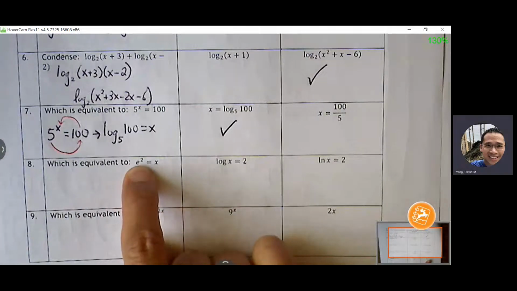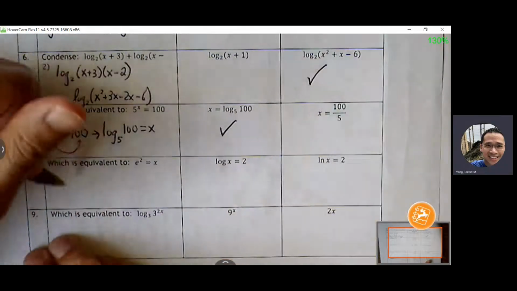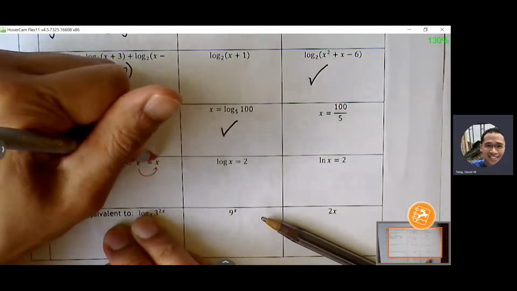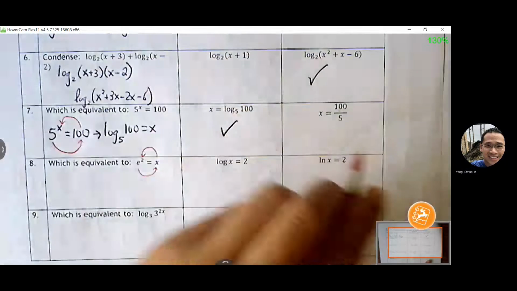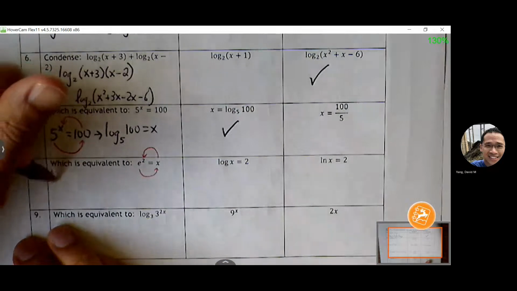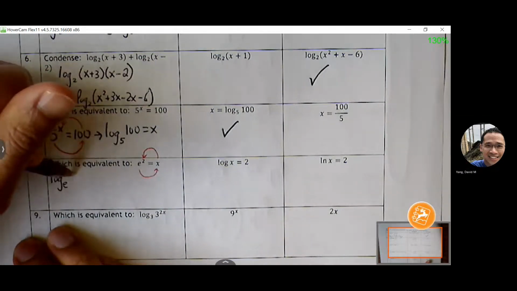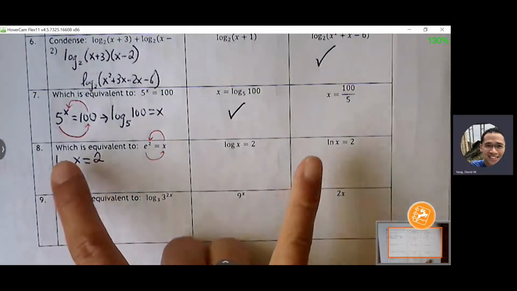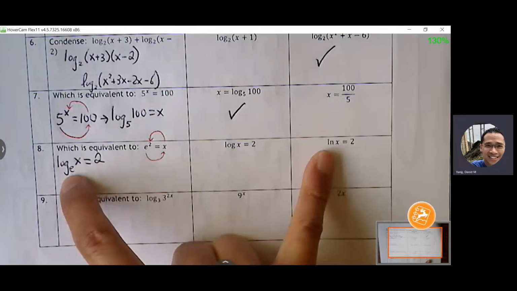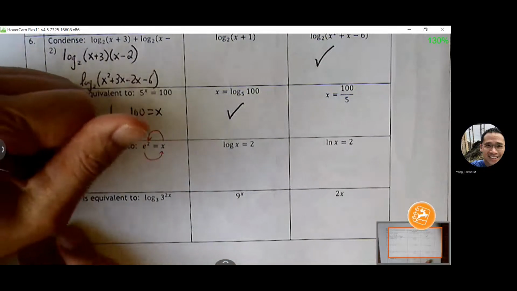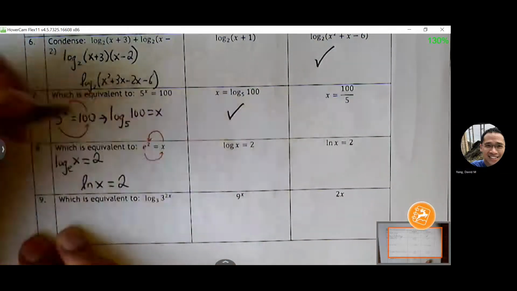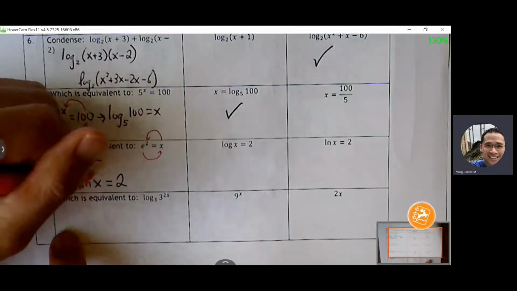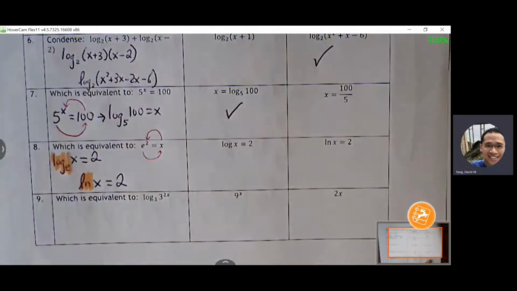Convert to exponential form: log base e of x is equal to 2. Log base e of x is the same thing as saying natural log, ln, as shorthand. We know these are equivalent, just a shorthand form of our answer.